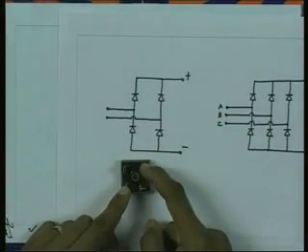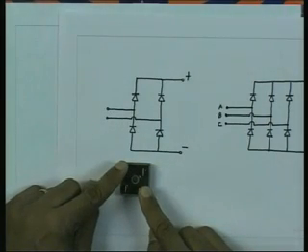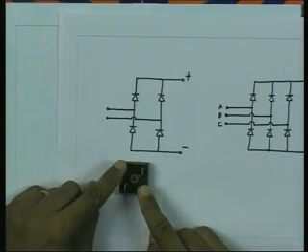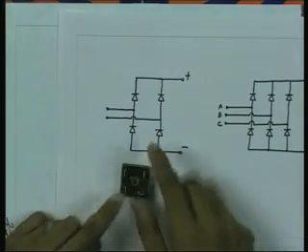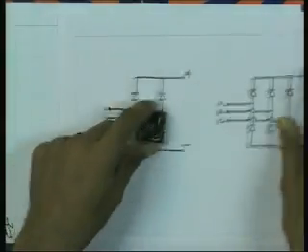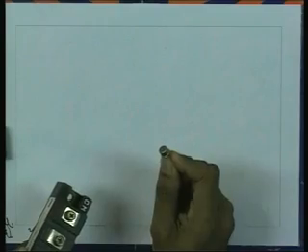These are the two input terminals, and these are the two plus and minus outputs. A small transistor, 500 milliamperes, 50 volts. Very common, maybe used in the lab.